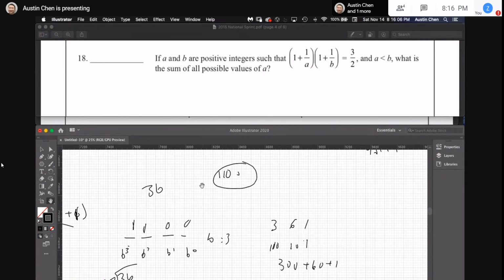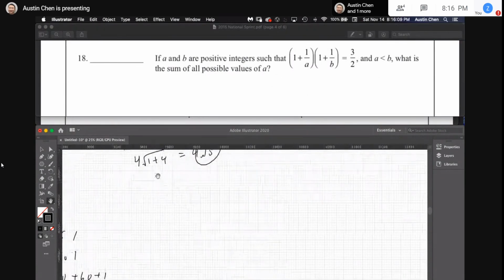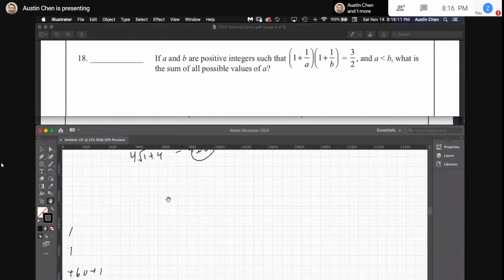If a and b are positive integers such that (1 plus 1 over a) times (1 plus 1 over b) equals 3 halves, and a is less than b, what is the sum of all possible values of a? Okay, so keeping it like this doesn't really do much for us. Why?